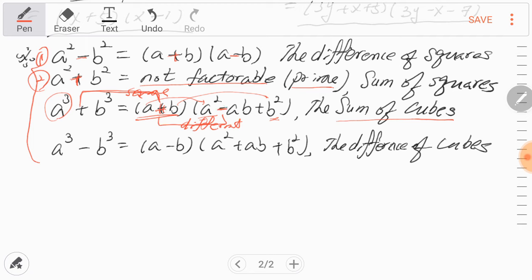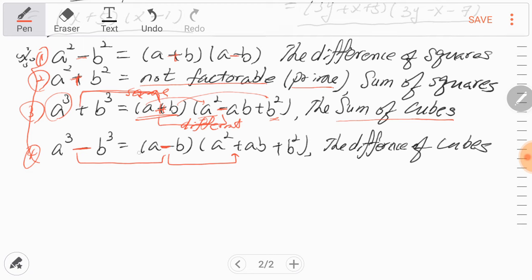The next one, the fourth formula, a cubed minus b cubed, is a minus b, same sign, and then the second factor is a squared, different sign, plus ab, and then plus b squared.